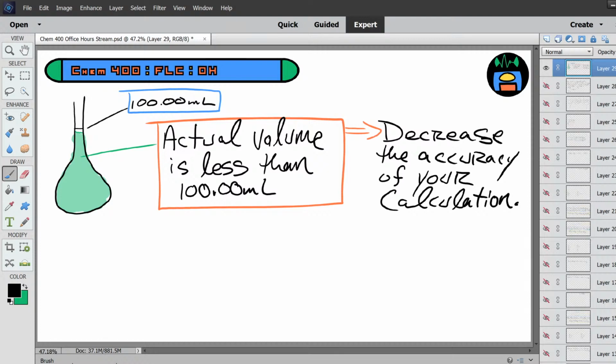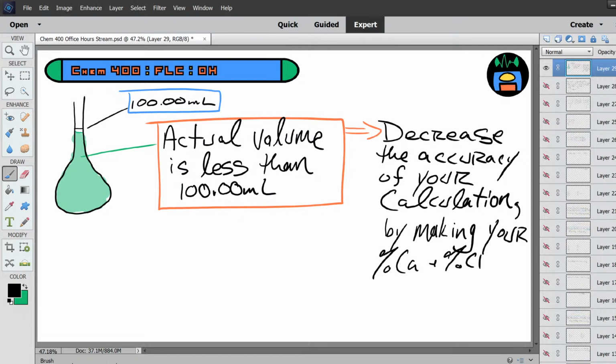It would decrease the accuracy of your calculation by making your percent calcium and your percent chloride higher than they should be, because you'd be multiplying in the calculation by 100, when in reality, if you're using an accurate volume, you'd be multiplying by less than 100 milliliters because you used less. Hopefully that makes sense.